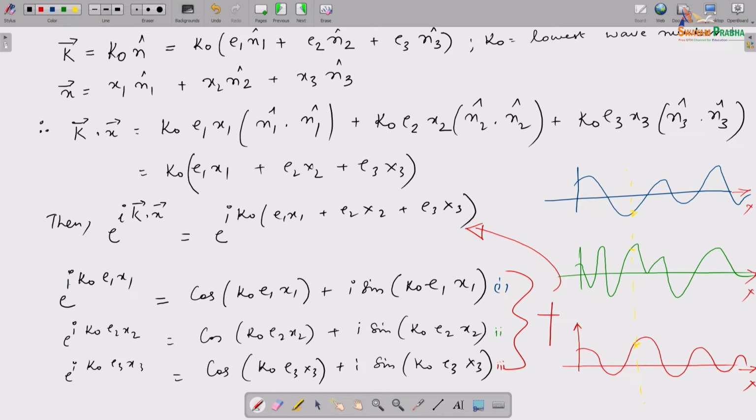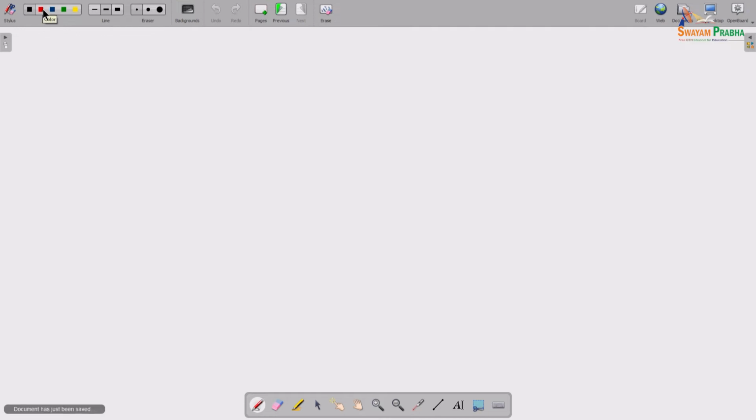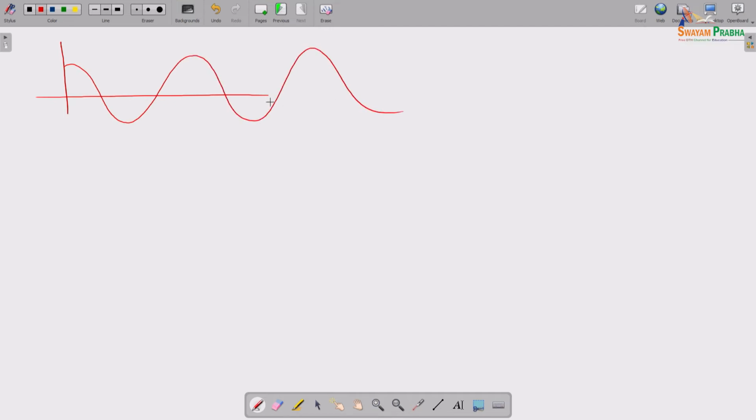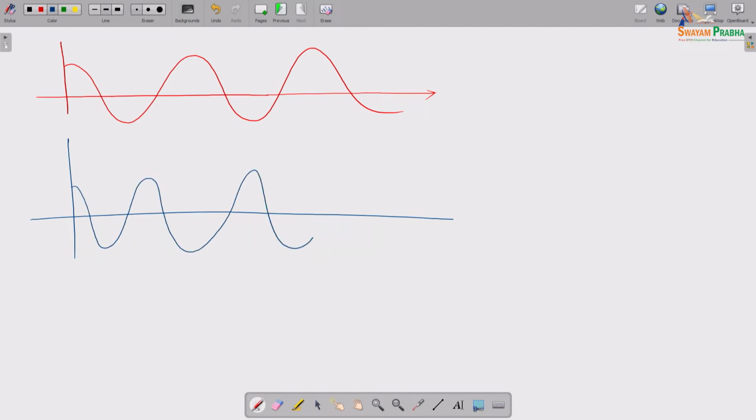I could do this a little more, a nice little function like that, and another one, maybe something like that.